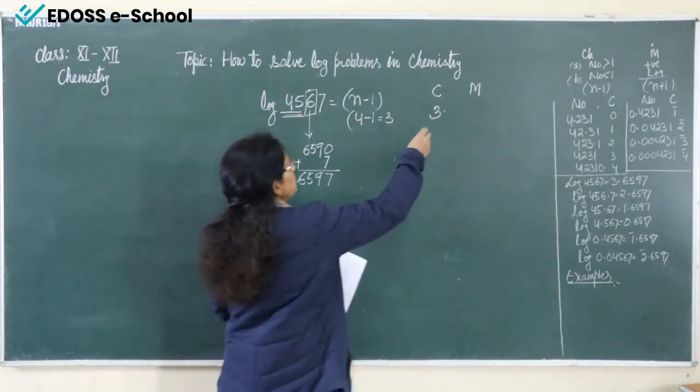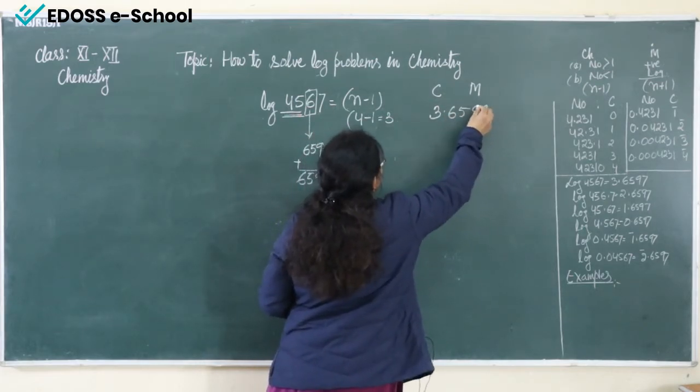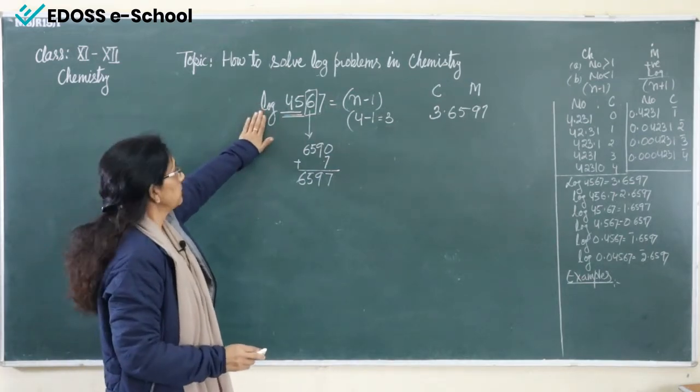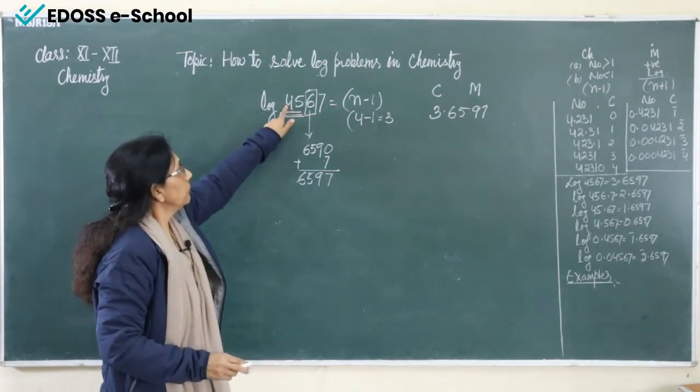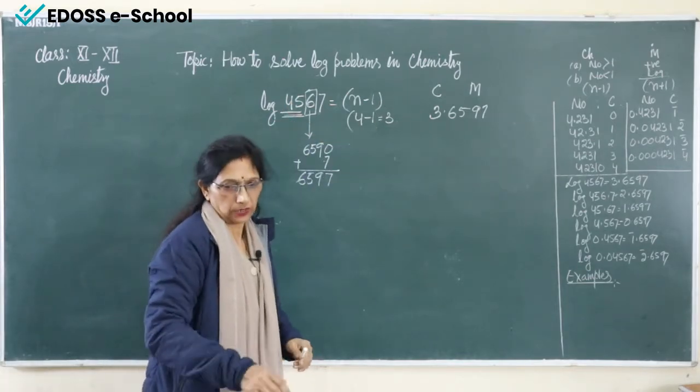So I'll write here 3.6597. So in this way, I can calculate the log of 4567 with the help of the log table.